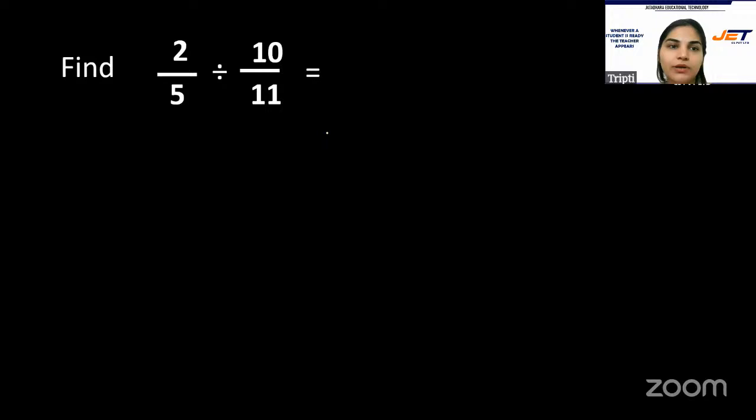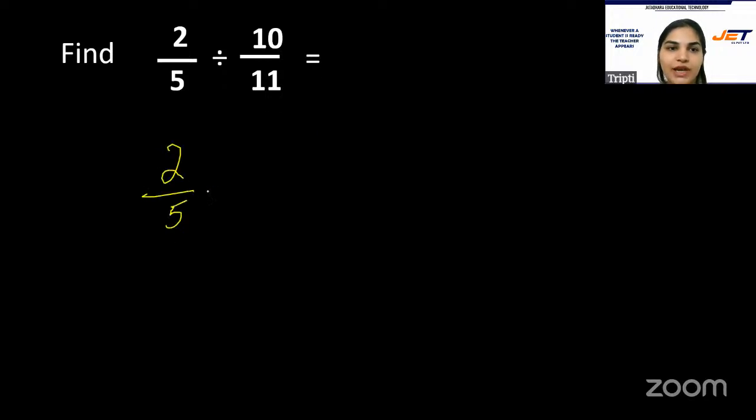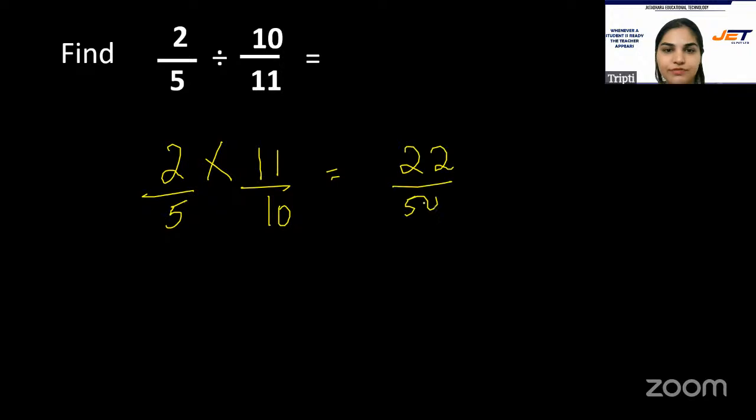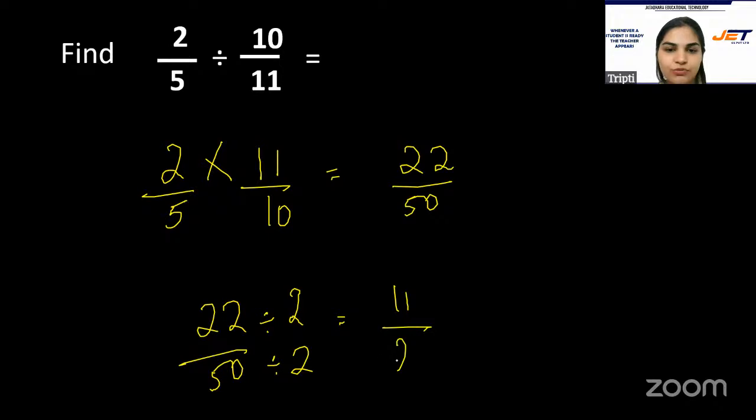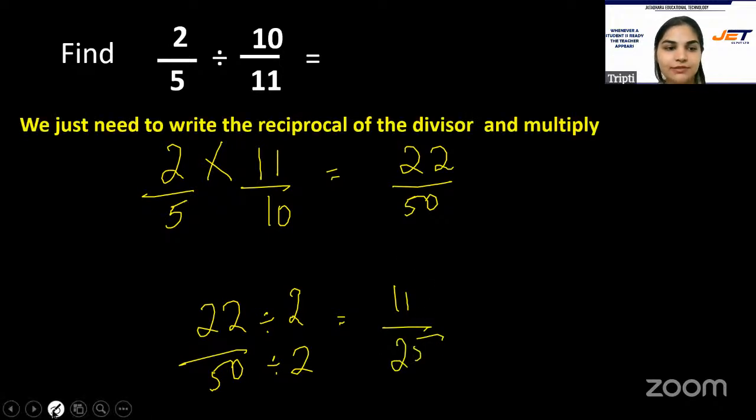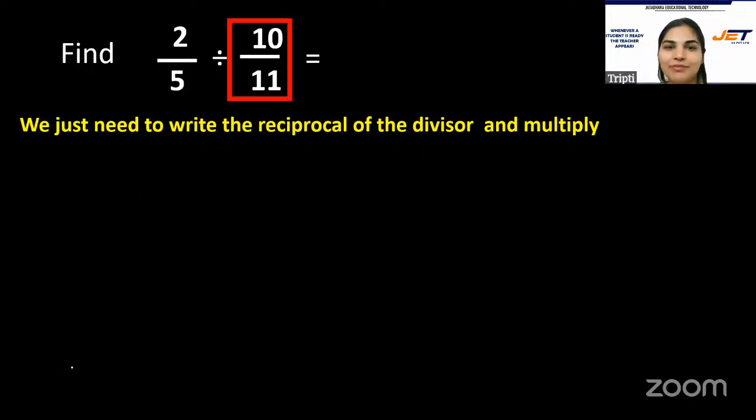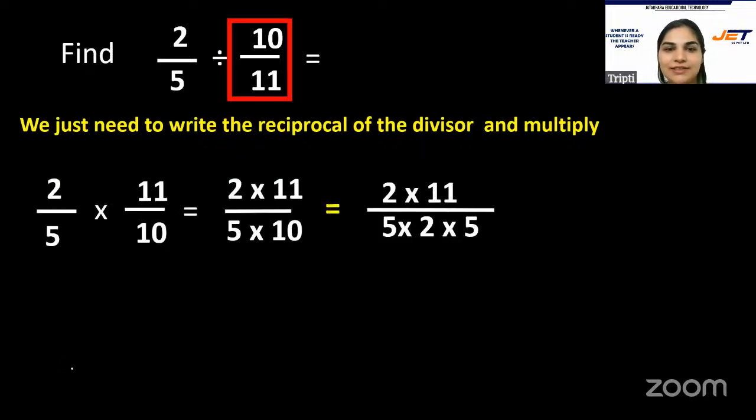So I'll keep the fraction. Change, I'll change it into multiplication sign. Flip means reciprocal, 11 by 10. 2 11s are 22, 5 10s are 50. I can further reduce this fraction. I see both the numbers in 2 times table. It is 11 by 25. Yeah? Have you got the same? If yes, that means you're correct.